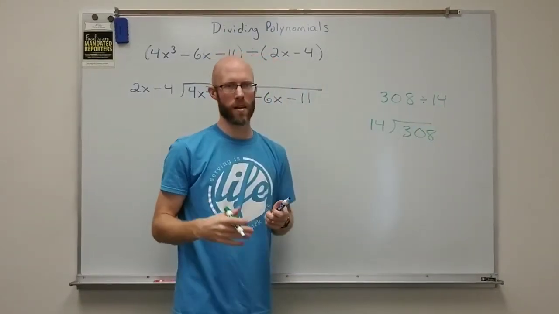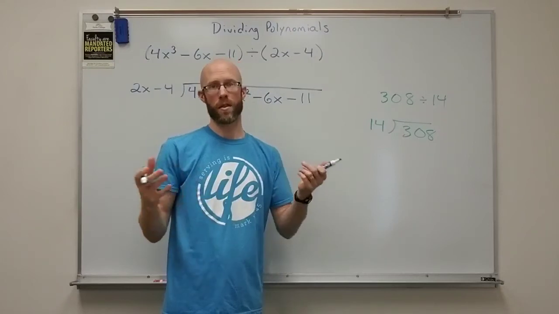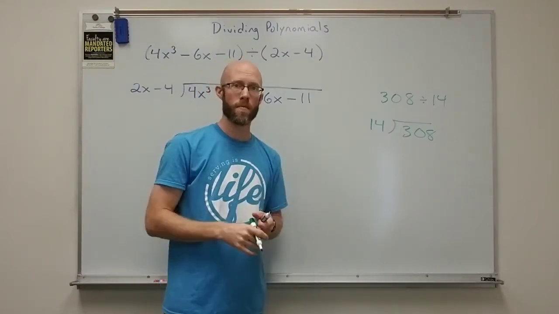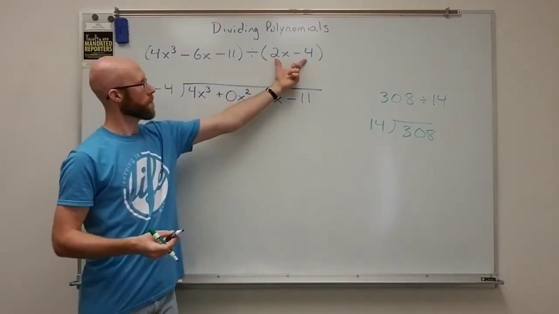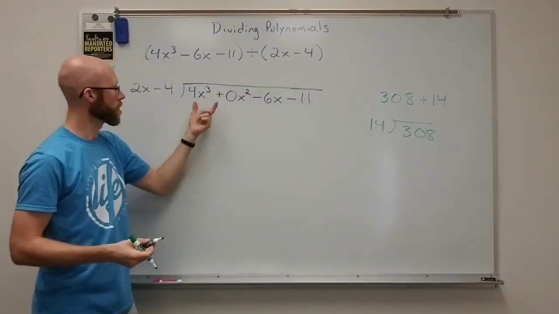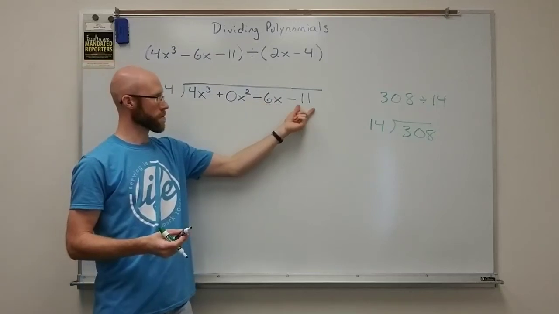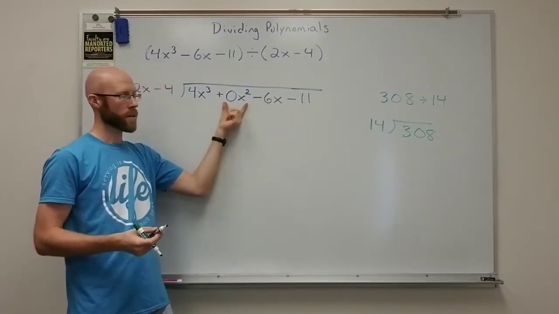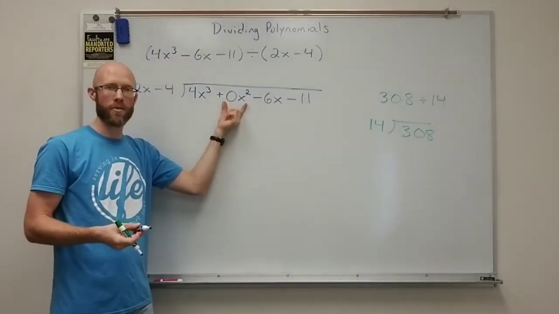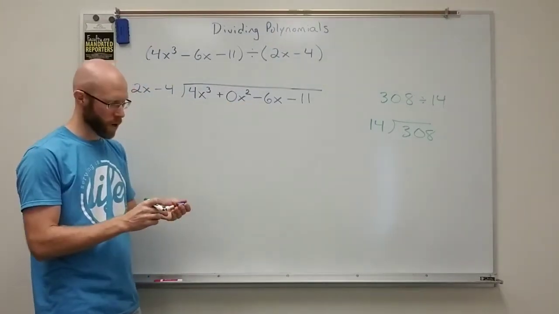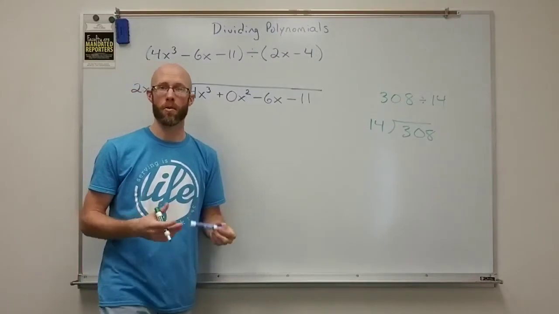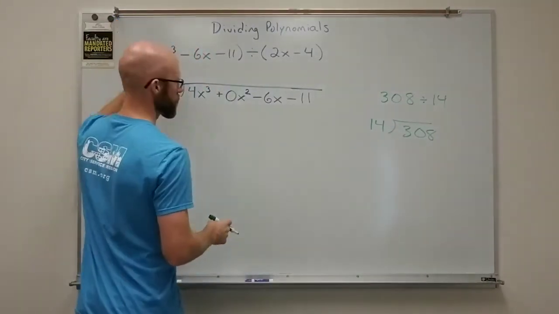Dividing 14 into 38 is way different than 14 into 308. And in a similar way, dividing 2x minus 4 into 4x cubed minus 6x minus 11 without the 0x squared is way different than doing it with, okay? And so we don't want to miss that. We don't want to skip over that 0. So we're going to have to include that.